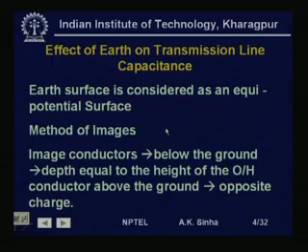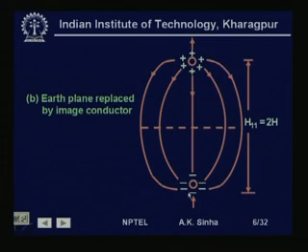Now, how do we take care of this effect? Well, we use what we call the method of images. In this, we consider a conductor directly below the overhead conductor, in the ground at a distance which is equal to the height of the conductor above the ground.